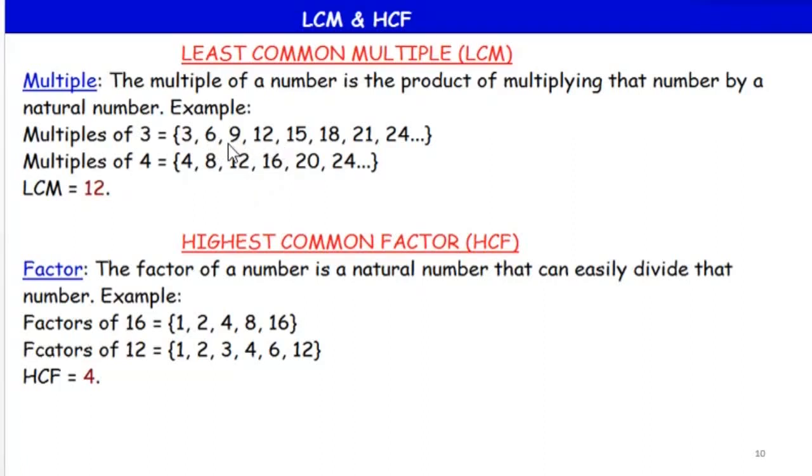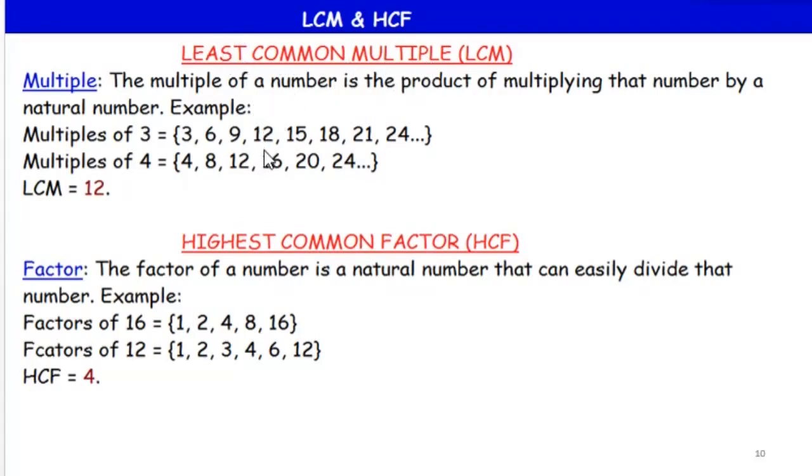So here we can have some common multiples. As you can see, 12 is here, 12 is here. So 12 is a common multiple of 3 and 4. Now 24 is here, 24 is also here, so 24 is a common multiple. But LCM says least common multiple.